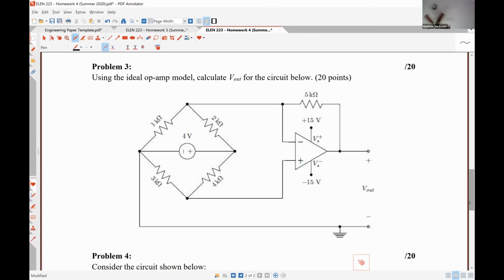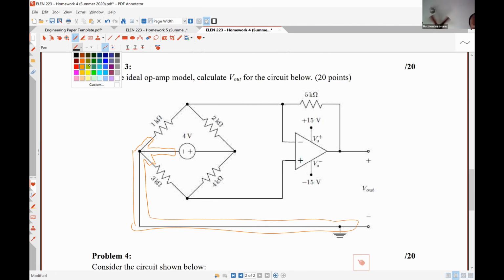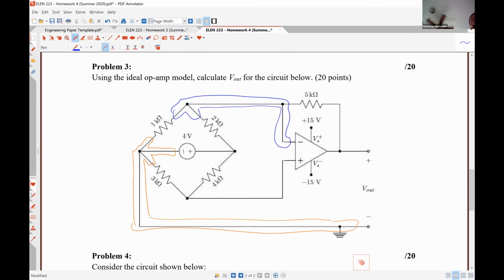All right, so how I would set this up, let's see. I'm going to identify my nodes because I might run into an issue here. So this is my ground node. This is my inverting input terminal, so my nodal voltage there is going to be V minus.